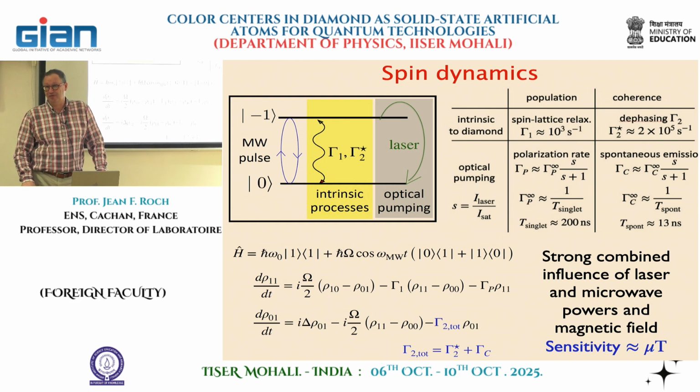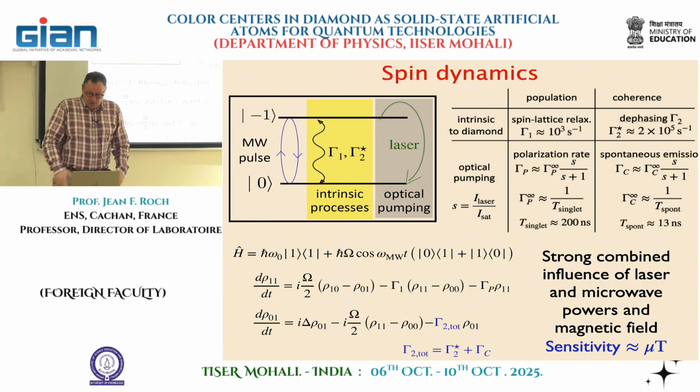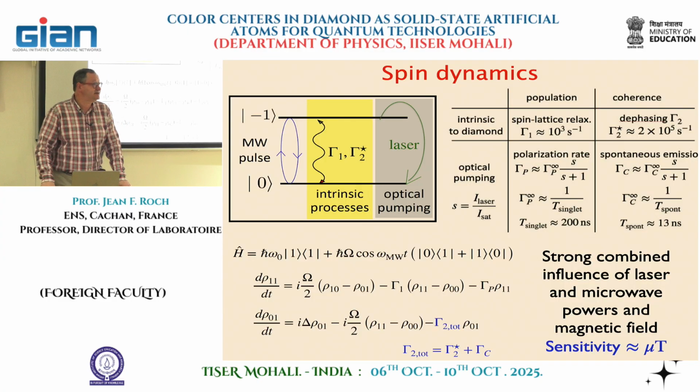So getting a few microtesla is somehow what you can reach with those kinds of systems, on a single NV. Now you can increase it a little bit if you have more NV centers, because of course the sensitivity will go as the square root of the number of emitters, because then you have more photons to detect. But that's the kind of system that we can have.